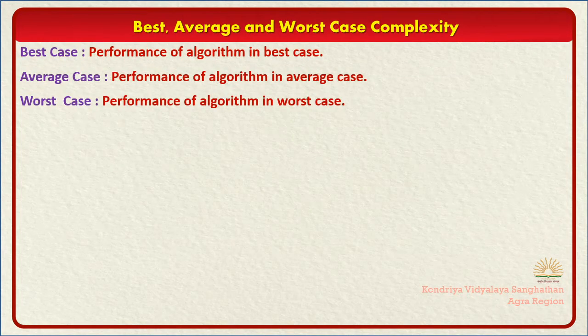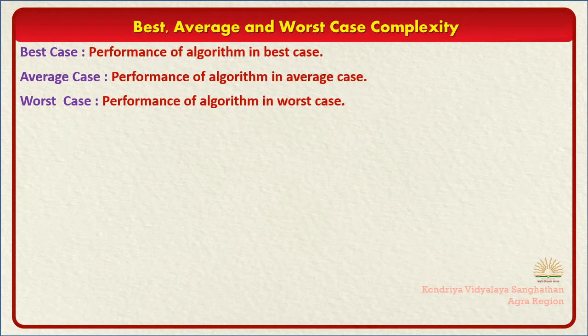Every algorithm can be analyzed on three cases: best case, average case, and worst case. Best case is the case when the algorithm will perform the best, that is when the algorithm will take the least time. Average case is when the algorithm will take average time, and the worst case is when it will take the worst time, that means it will take maximum time.